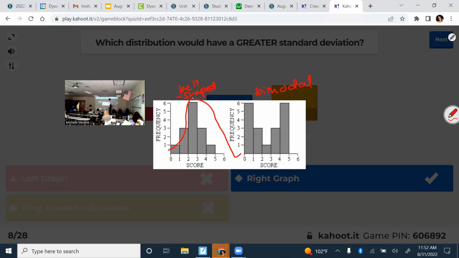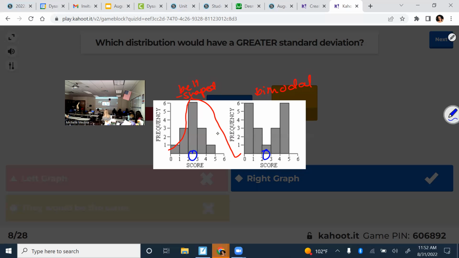All right, so think about it. When data is symmetrical, which both of these are, the mean is usually where? In the middle. So we can expect the mean to be around here for both of them. For the one on the left, is most of the data close or far from the mean?